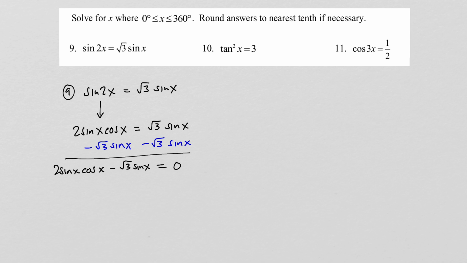Now, what this allows me to do here is factor out the common factor, which is sine of x. So if I factor that out, what I have left over is 2 cosine of x minus radical 3 equals 0. And this allows us to separate the sine function from the cosine function. So now I'm simply going to set each one of these factors equal to 0.